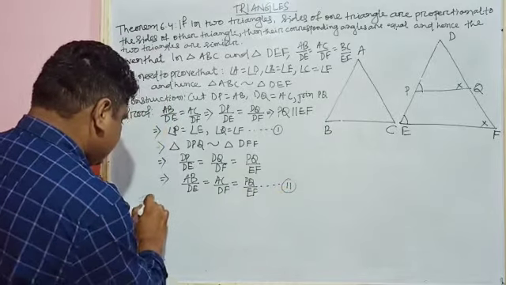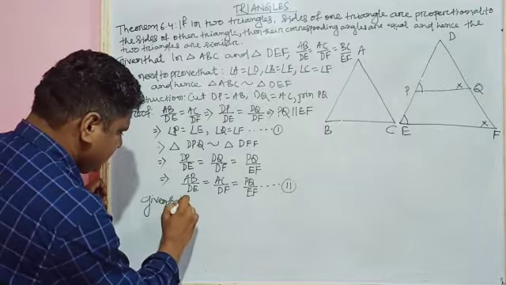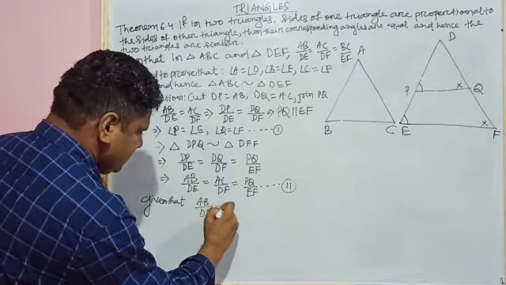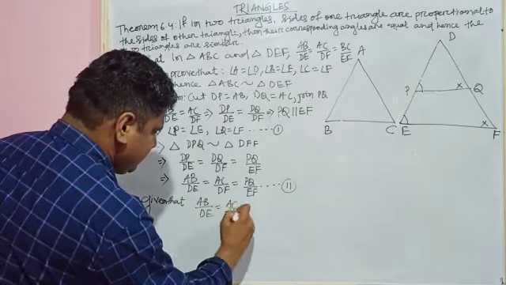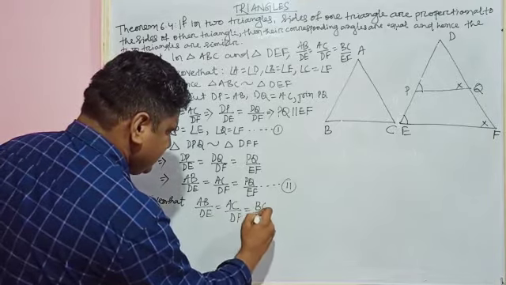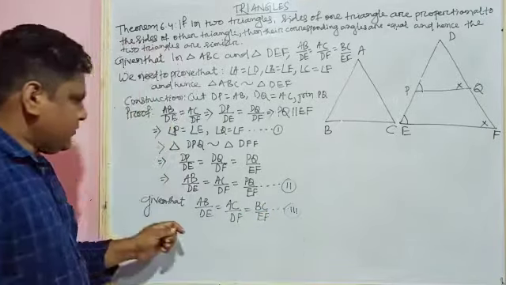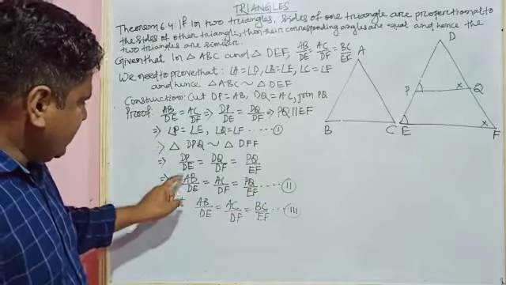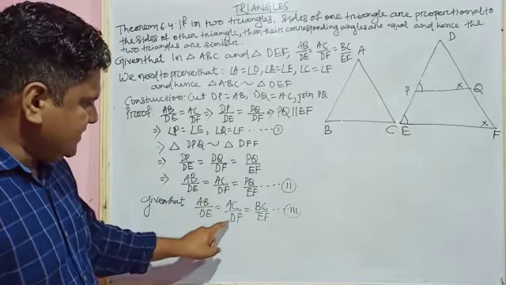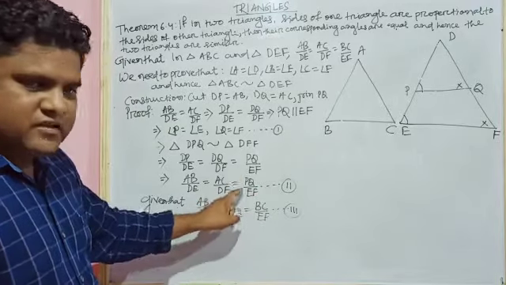And given that, AB by DE is equal to AC by DF is equal to BC by EF. Let it be equation 3. Now comparing equation 2 and 3, AB by DE and AB by DE are equal, AC by DF and AC by DF are equal. So third part of both these equations must be equal.